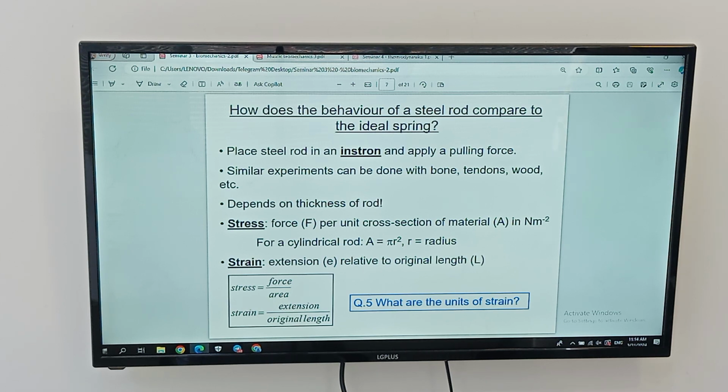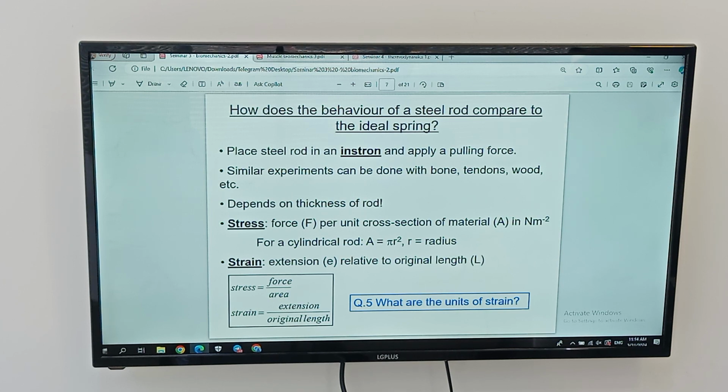So, in a spring, when you apply stress or you apply force, you can visibly see that the extension or the length of the spring will change. It will increase by stretching and by the physical properties of the spring. However, in the case of a steel rod, you will not notice the visible extension of the length.